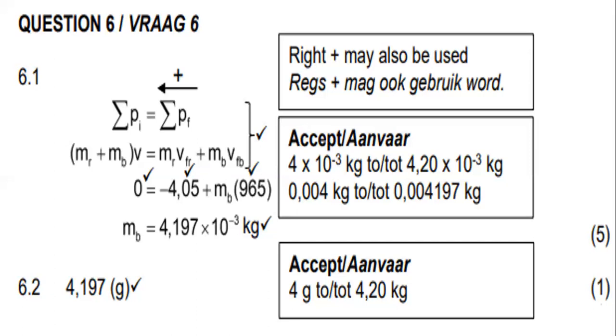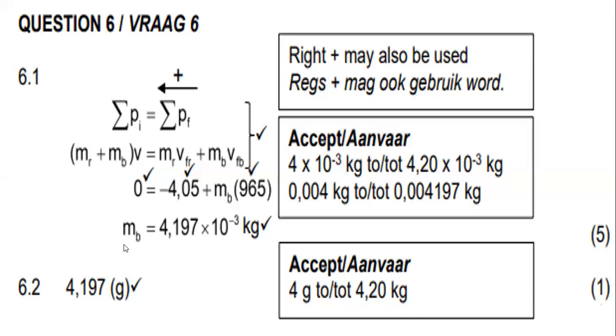So here we want to go from kilograms to grams. So we have to multiply by 1,000. So the value for kilograms is then multiplied by 1,000. If you multiply this by 1,000, then you will get 4,197 grams. And that will be your mass in grams altogether.